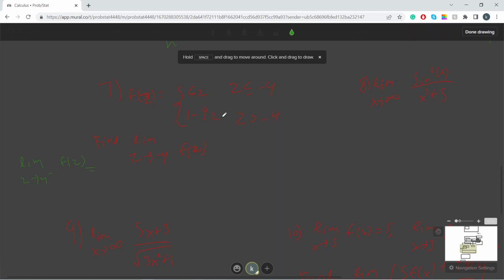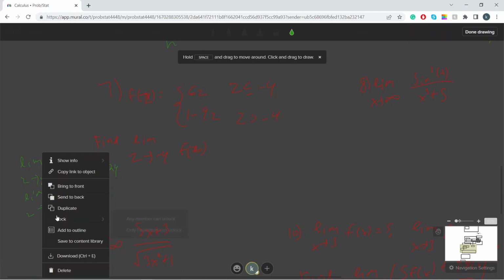And in that case, that'll be taking the 6z piece. So this will be equal to negative 24, because these two pieces are linear functions, so there shouldn't be any discontinuities. And then we also want to take the limit as z approaches negative 4 from the plus side of f of z. Oh, this will be negative 4, by the way.